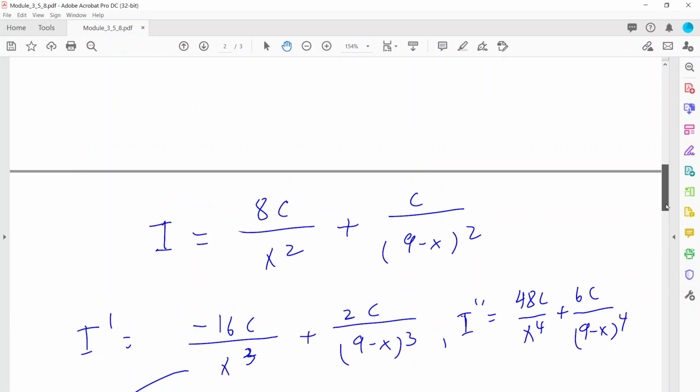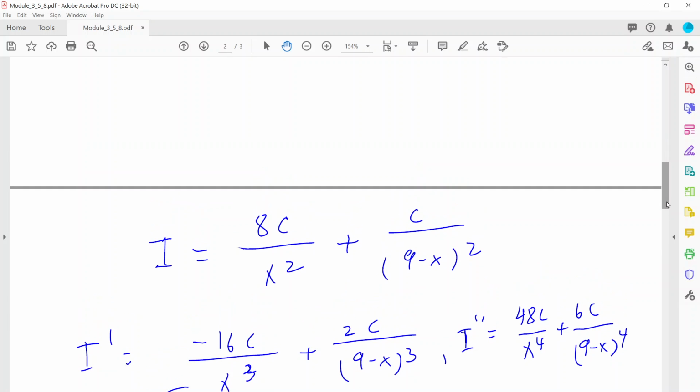So the derivative of 1 over x squared with respect to x is negative 2 over x cubed. Similarly, for the derivative of 1 over 9 minus x squared, you have to use the chain rule.